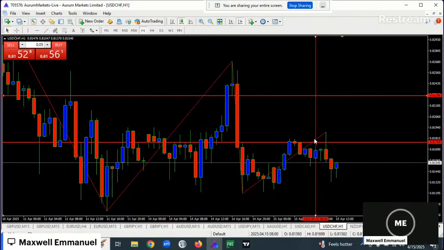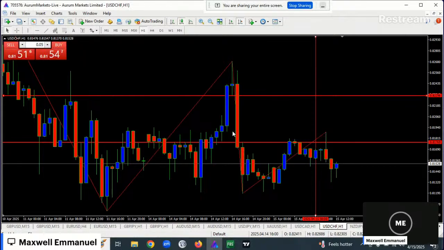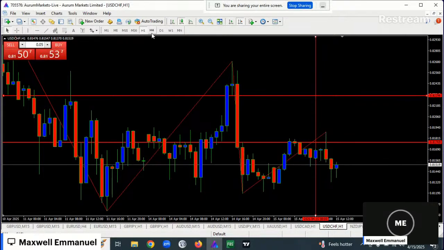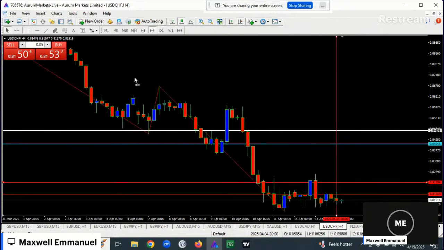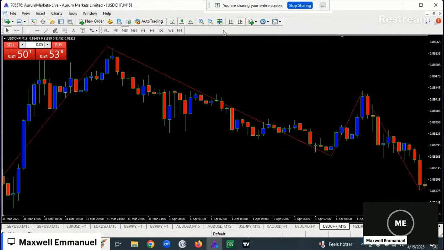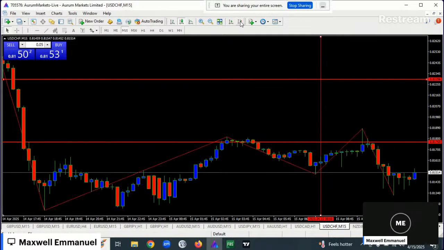But you might want to wait for price to pull back, clear the liquidity residing at this previous high before you look for sells on USDCHF. USDCHF is bearish for the week. It is bearish. But you might want to wait for price to pull back, clear the liquidity residing at this previous high before you go bearish on USDCHF.